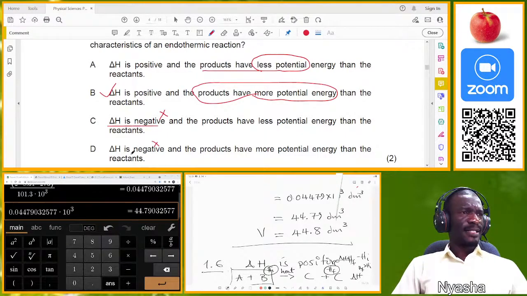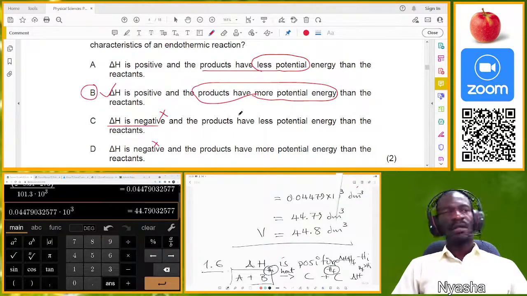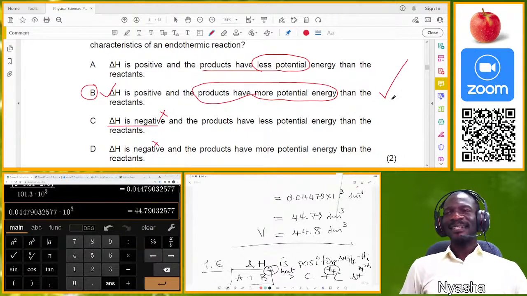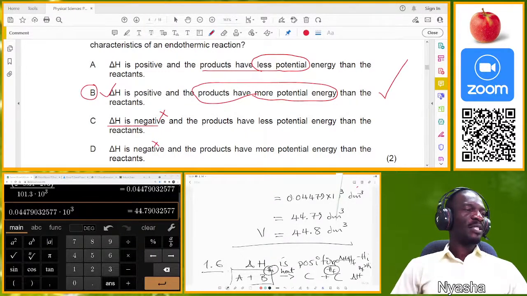So our final answer is B. Delta H is positive, and the products have more potential energy than the reactants. This was an important part for the definition of the heat process for an endothermic reaction.